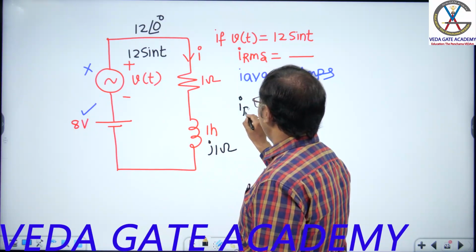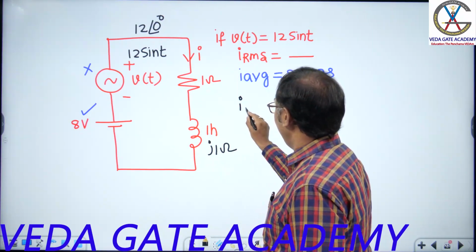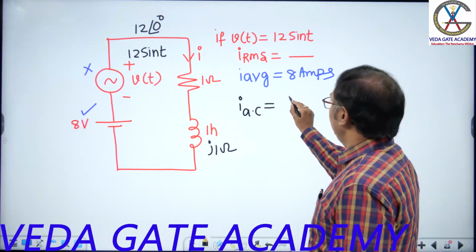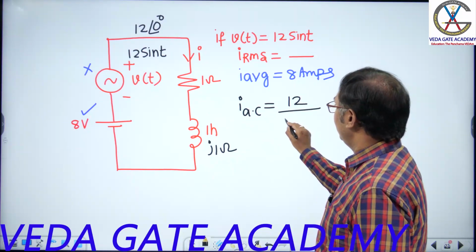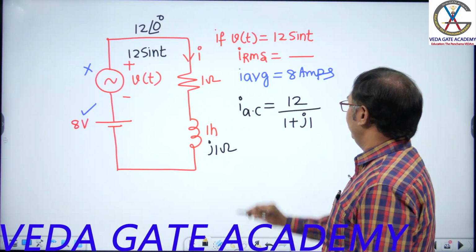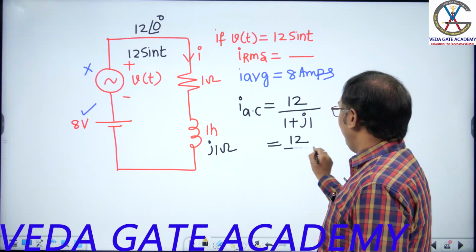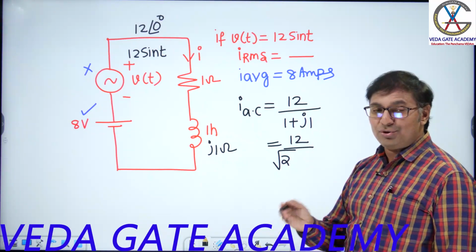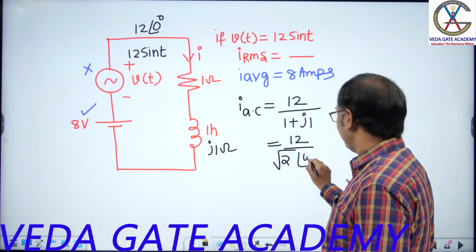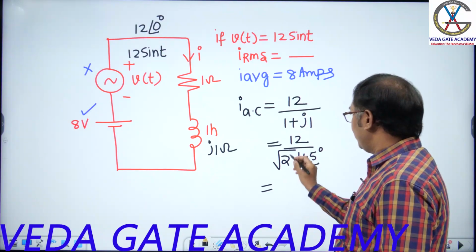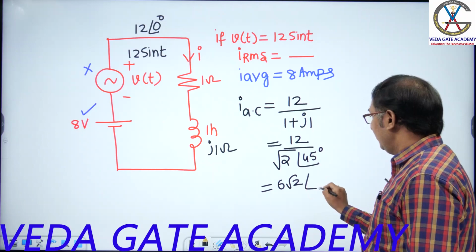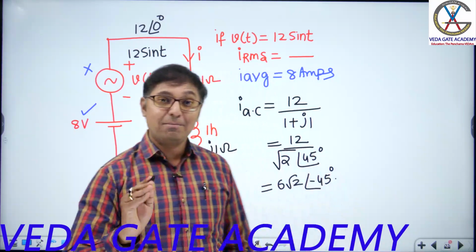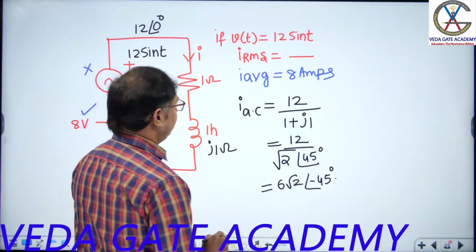I because of AC is 12 by 1 plus j1, which is 12 by root 2 at an angle 45 degrees, so 6 root 2 at an angle minus 45 degrees.